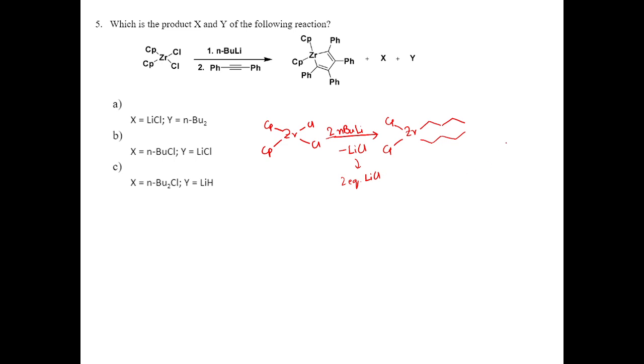After that, what can happen? First, you have this LiCl which is getting out of the reaction mixture. And what is happening actually is that this type of compound can go for the beta hydride elimination reaction.